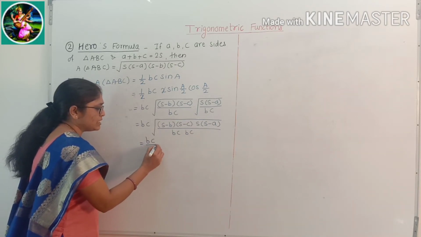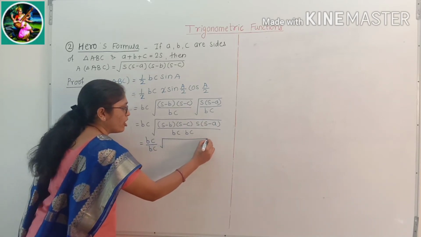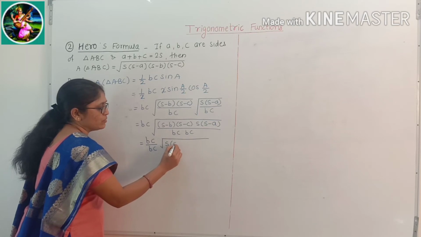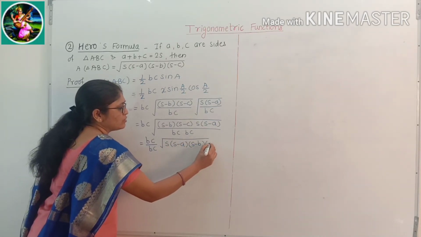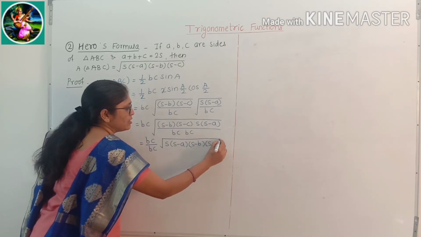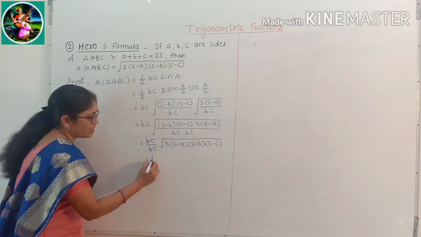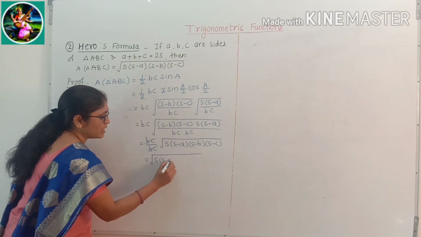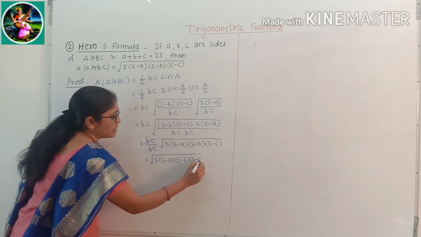We get BC divided by BC into the square root of s into (s minus A) into (s minus B) into (s minus C). Here BC gets cancelled. Here we get the square root of s(s minus A)(s minus B)(s minus C).